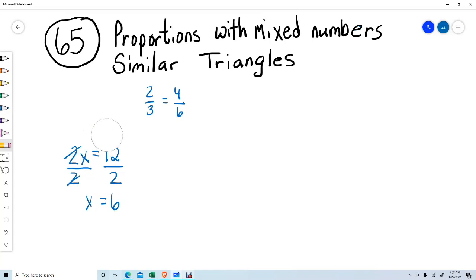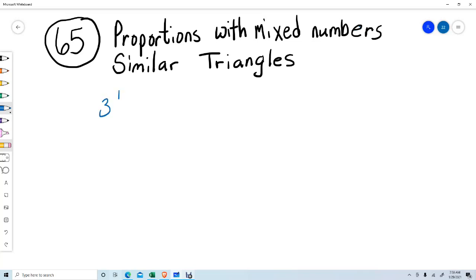Then we moved into proportions with fractions. And this is just a continuation of that idea, but instead of fractions, we are going to use mixed numbers. Let me write a problem here for you. I'm going to write a conditional proportion with mixed numbers, actually mixed numbers and fractions.